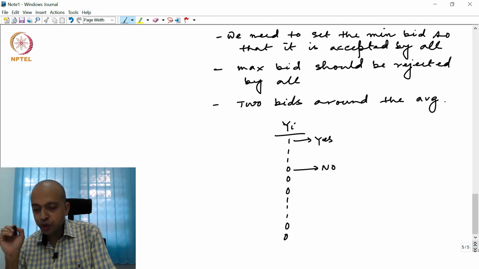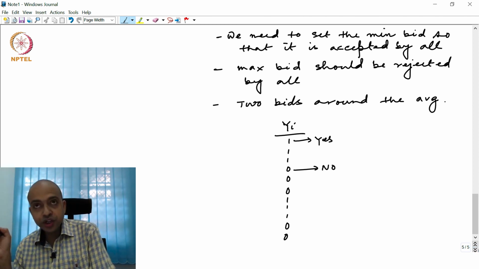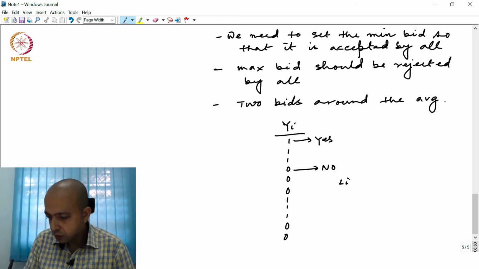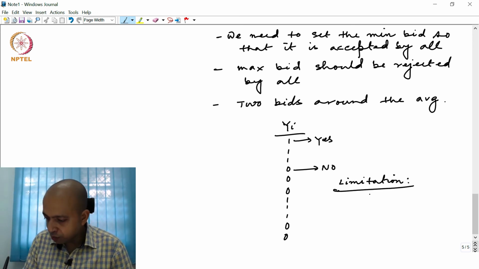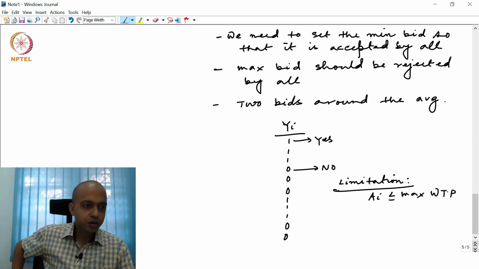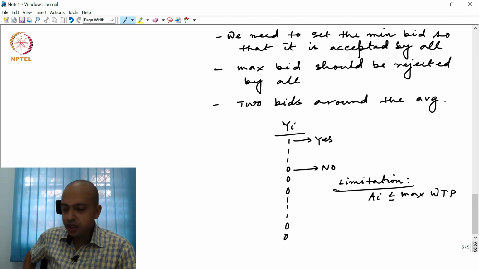But one thing we need to keep in mind, in this closed-ended referendum, what is the limitation of this? The limitation is that the bid is basically less than or equal to the maximum willingness to pay.